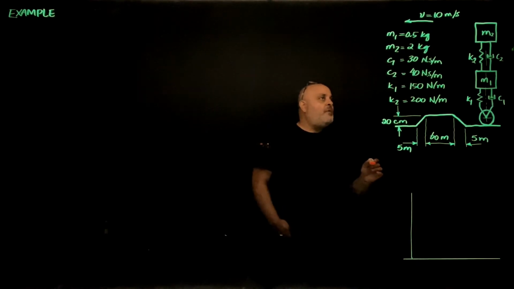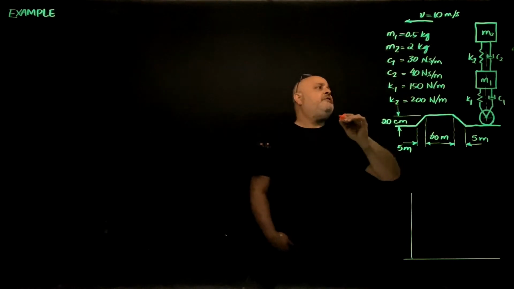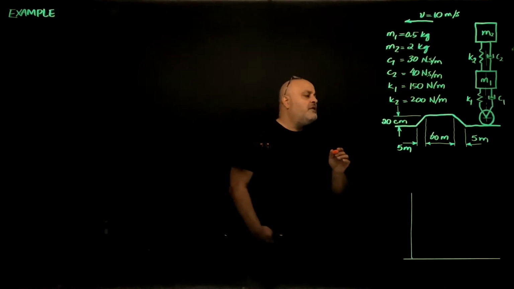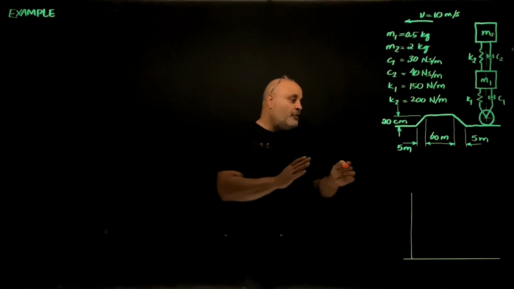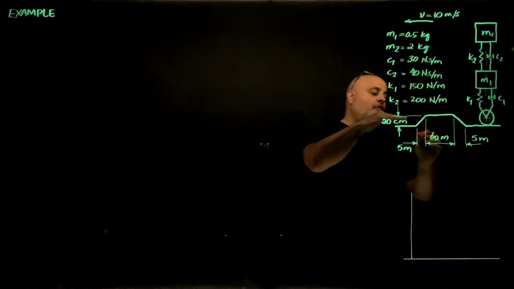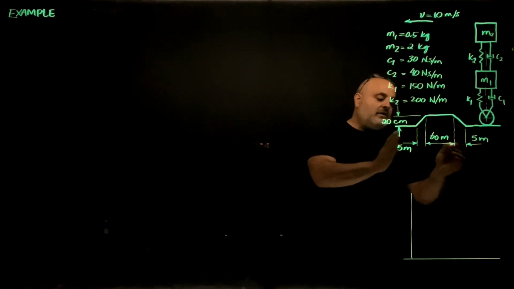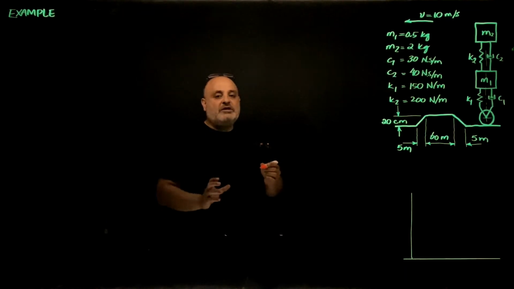Now, we have these two masses running with a speed of 10 meters per second over this road profile. Now this road profile is the height of the road as a function of the distance along the road, but our force should be a function of time.